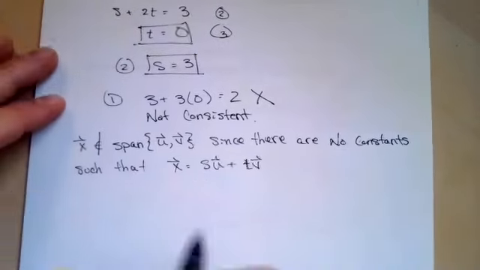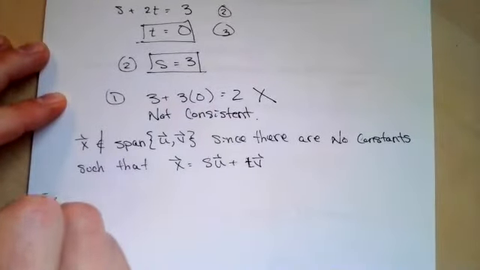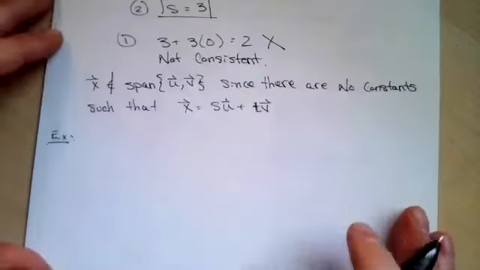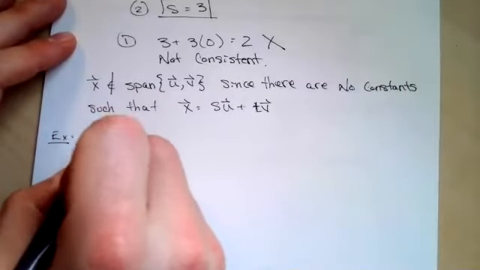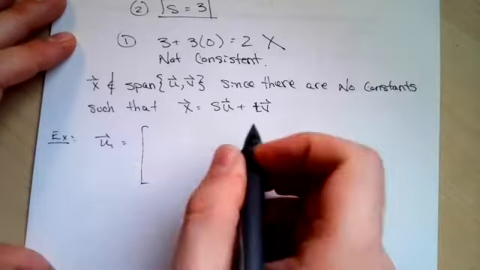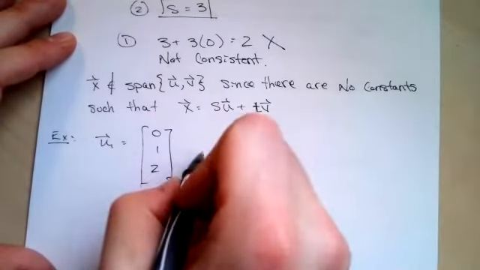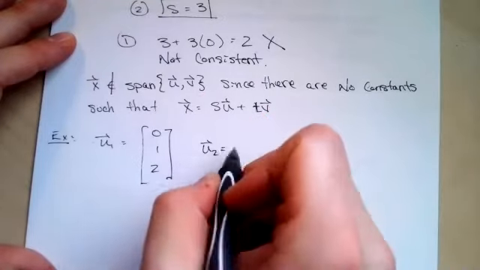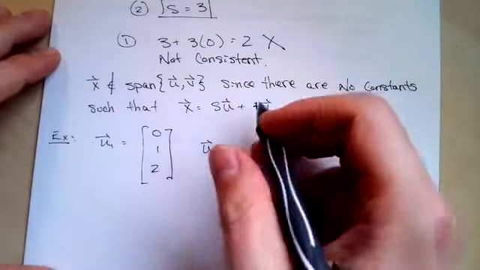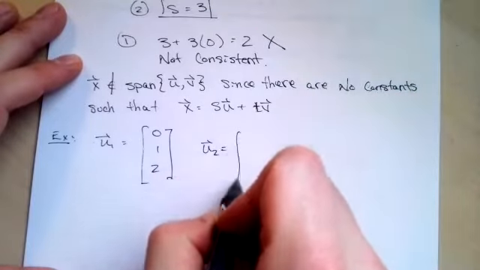Okay, so let's do an example. Let's say we've got U1 is 0, 1, 2. U2 is -2, 3, 2.